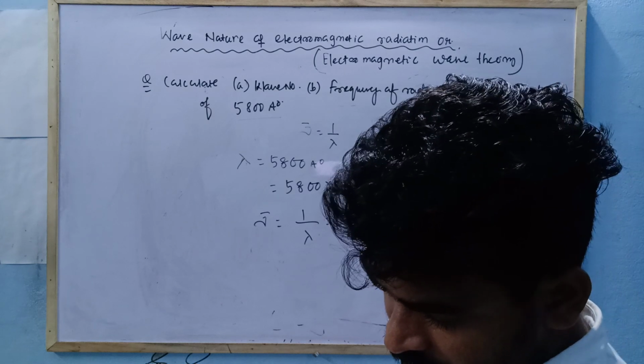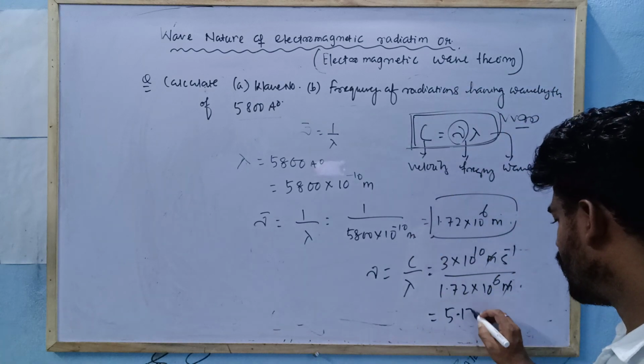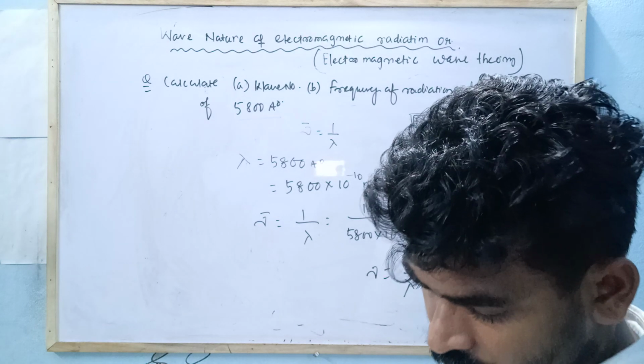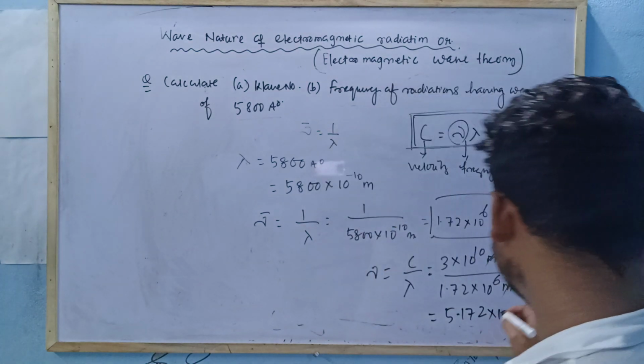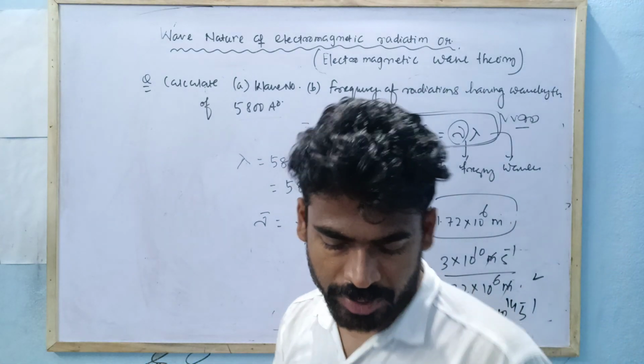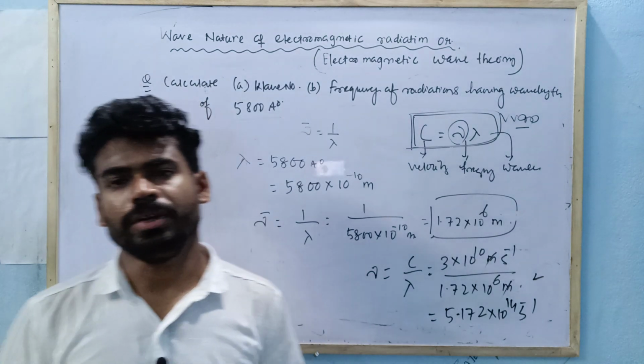So its answer will be 5.172 into 10 to the power 14 second inverse. These are simply numericals. By considering these formulas you can solve them easily.